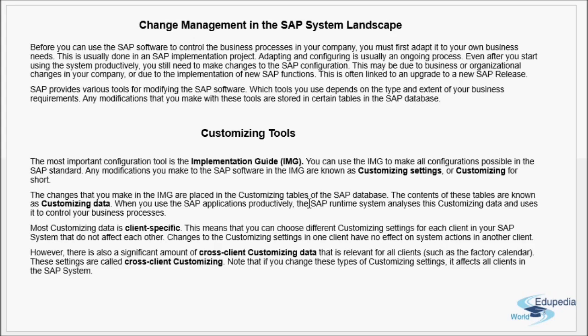When we install a system, we will have a number of clients. Depending upon the business purpose, we can create any number of clients in the SAP system. So if you change customizing data in one client, it does not show any effect in the other client. It's client dependent data.